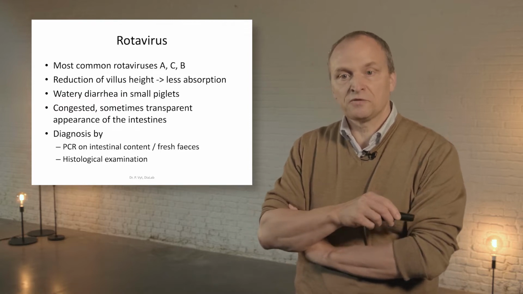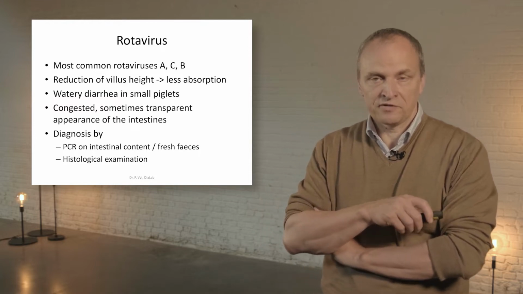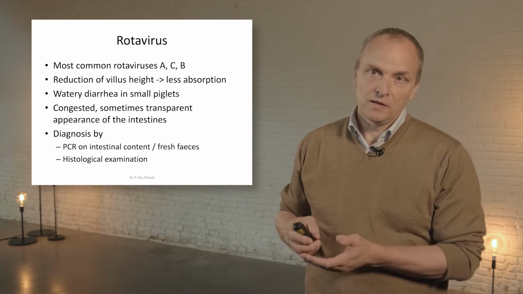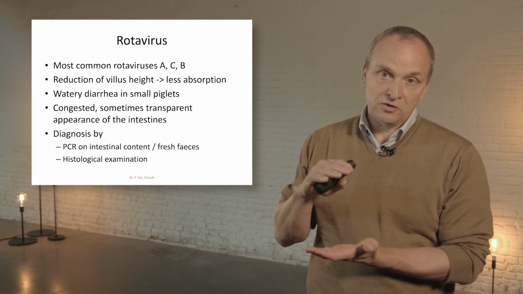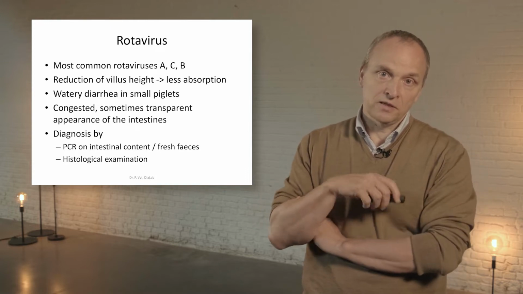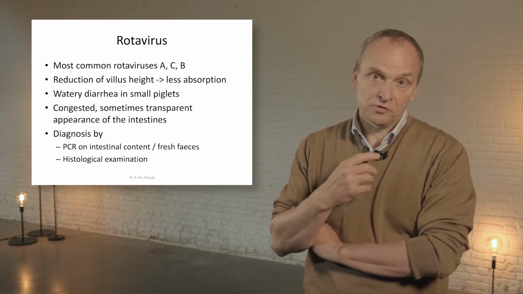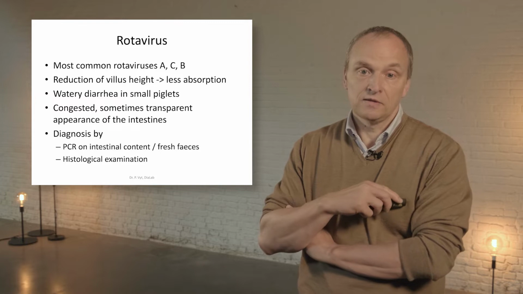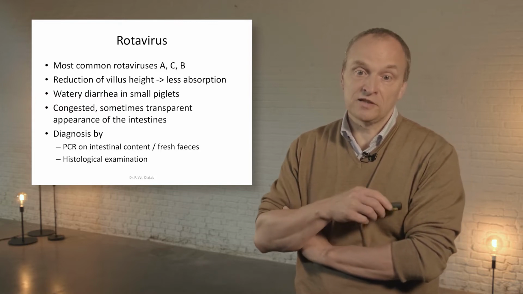Sometimes we also find rotavirus type B. Typical for rotaviruses is that they destroy cells within the intestinal villi, and the villi are shorter than normal. And short villi result in less absorption of nutrients and loss of liquids. So we have a watery diarrhea in those animals with dehydration.